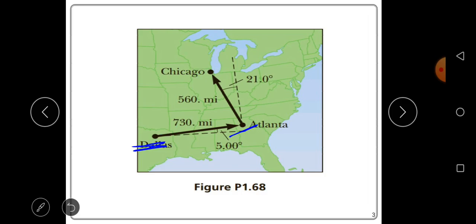So we have to understand that here the angle is 5 degrees. Then here the angle is 21.0 degrees. So then these are the magnitudes of the displacements.